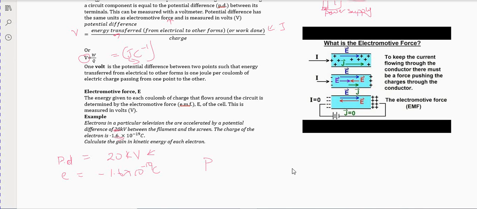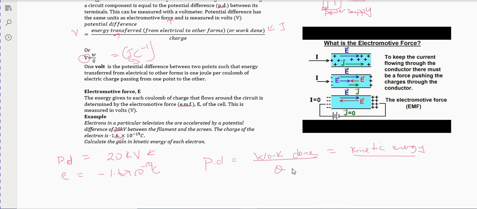this equation that says potential difference is equal to work done divided by the charge, Q. Now the work done is the same thing as the kinetic energy, because the electrons are moving, right? So that is the work that is being done.